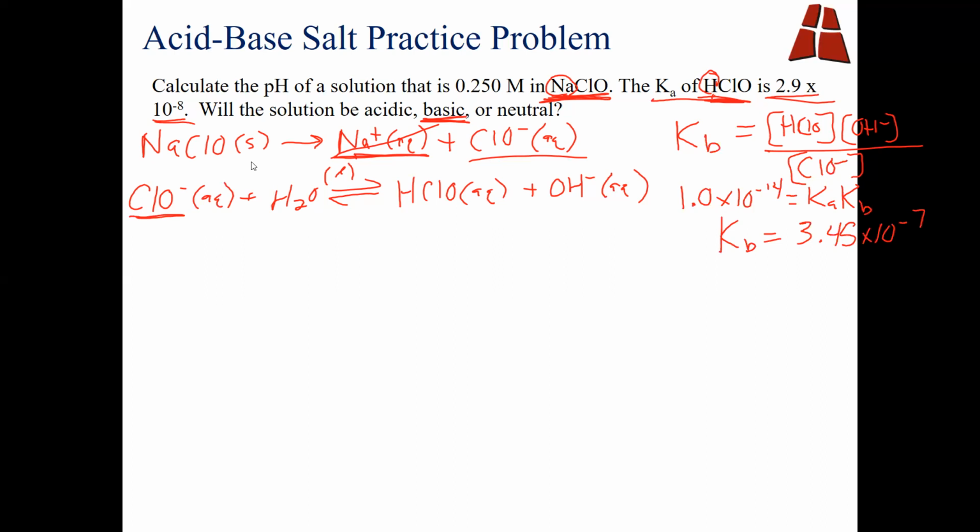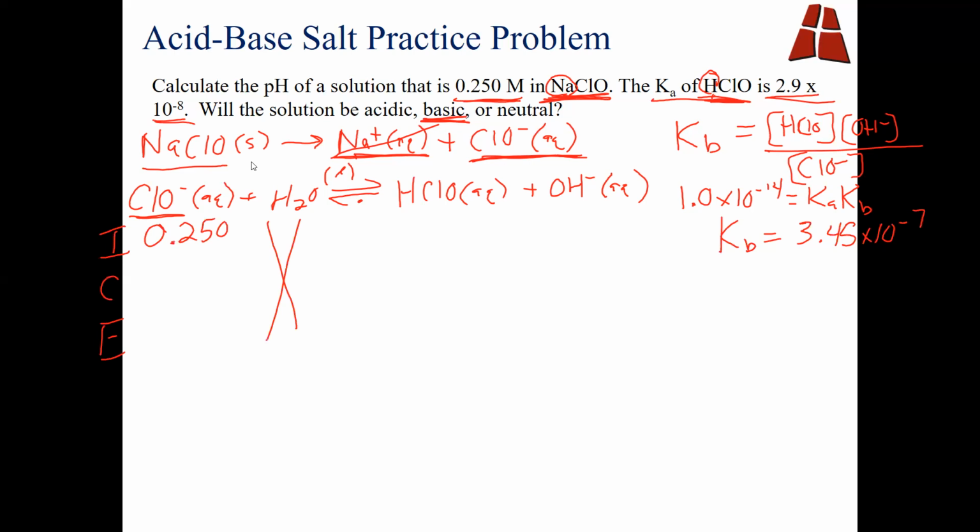Then, since this is an equilibrium problem, we can build a nice chart. And so that's what I'm going to do. We have a 1-to-1 ratio between our sodium hypochlorite and our hypochlorite that's going to form. So I know that we just start with the same concentration of 0.25 molar.